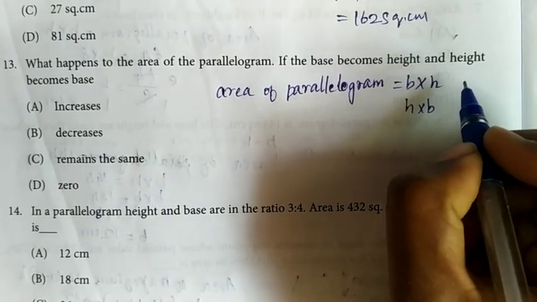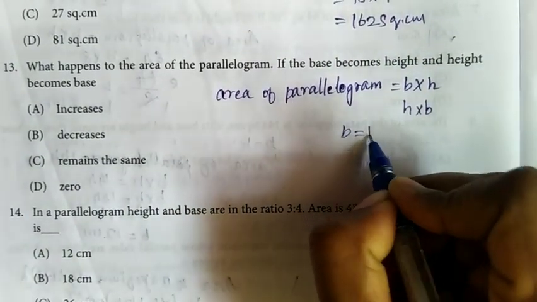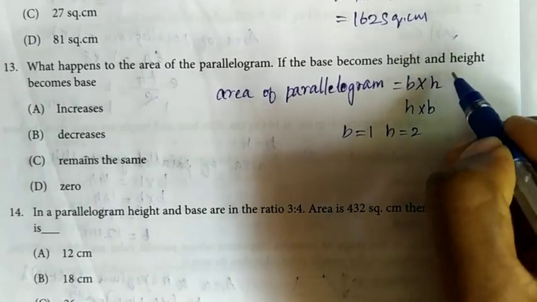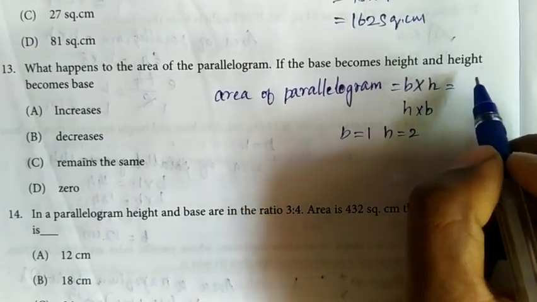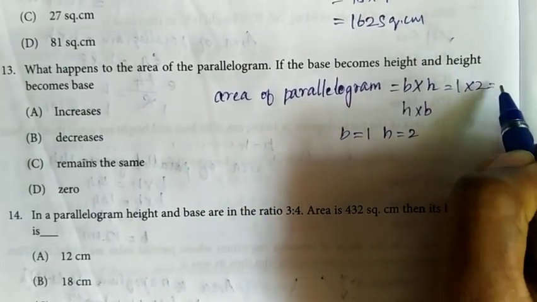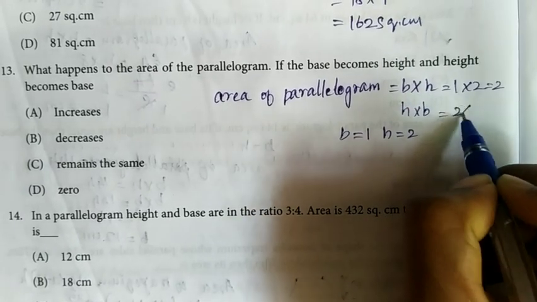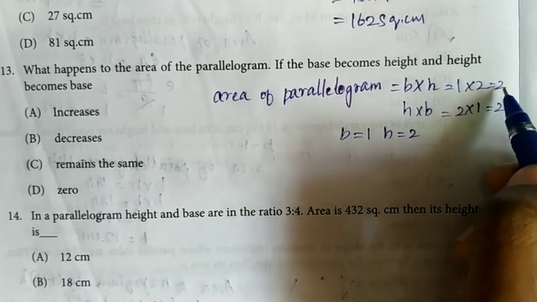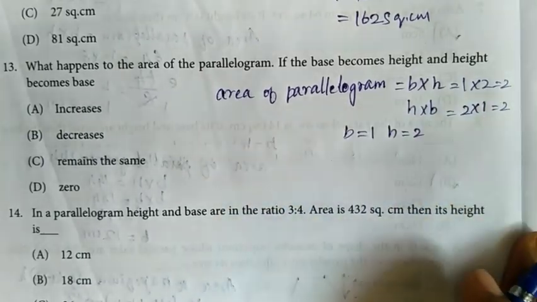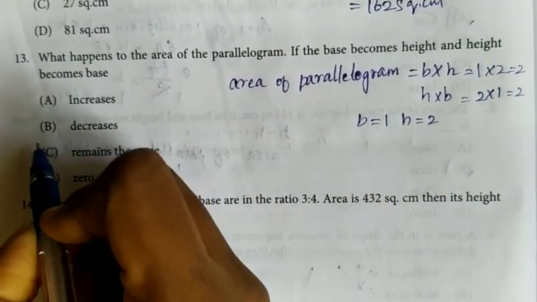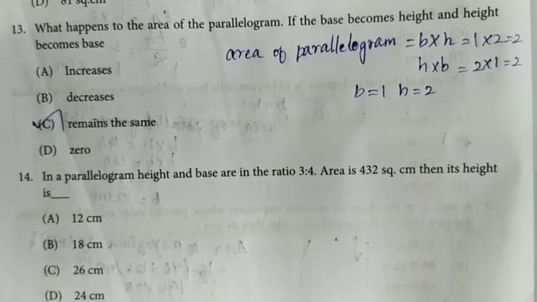So put base as 1 and height as 2. While substituting the values of base and height, 1 into 2 we get 2, and here substituting the values of height and base, we get 2. So there is no change. So answer is option C, remains the same.